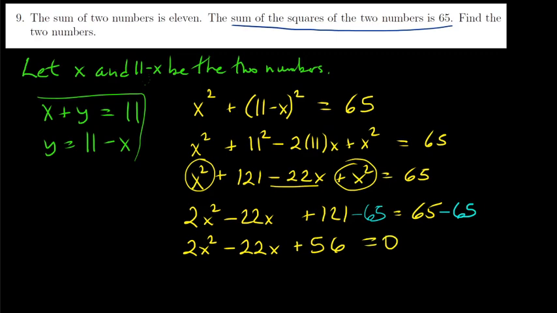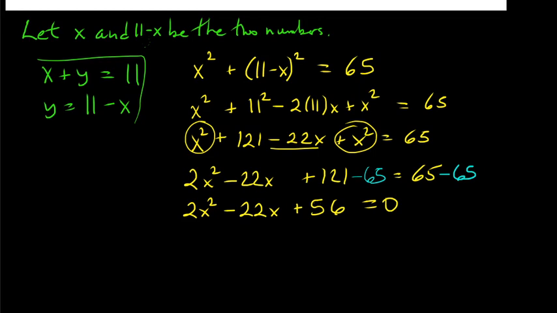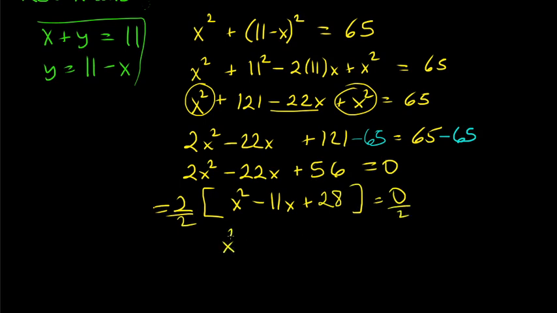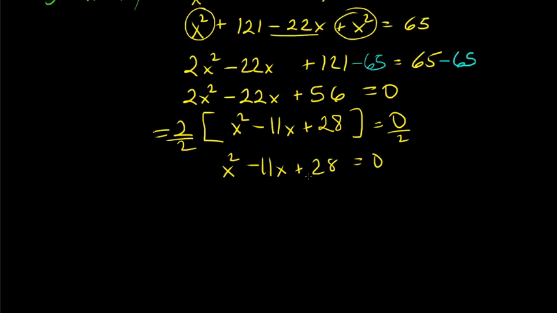Right, so now it's in standard form. And again, factor out the 2 as the GCF. It makes it a lot easier to factor out the 2. Yeah, 56 divided by 2 is 28. So again, divide by the 2. So the usual question at this point, what two numbers multiply to 28 and add to negative 11?